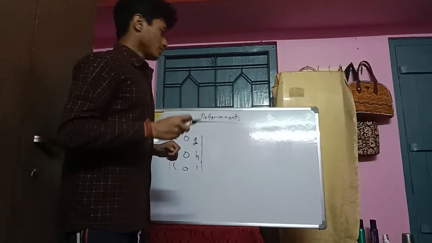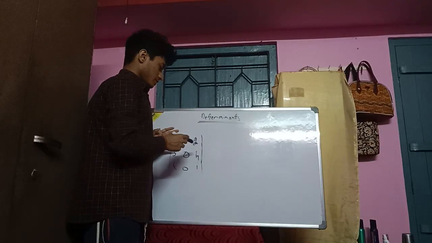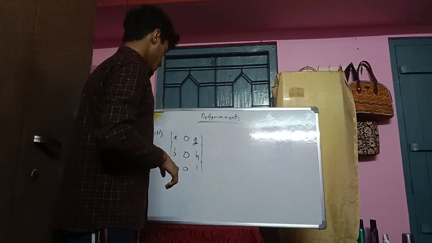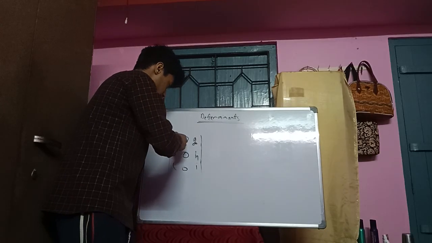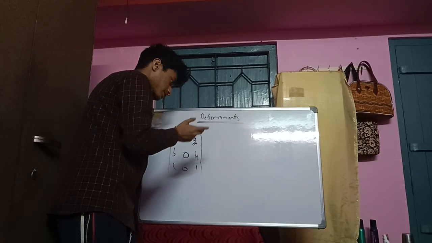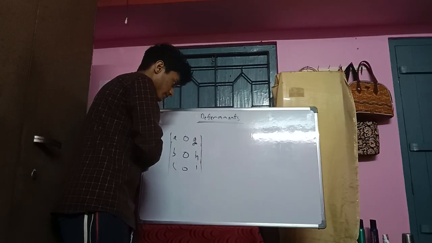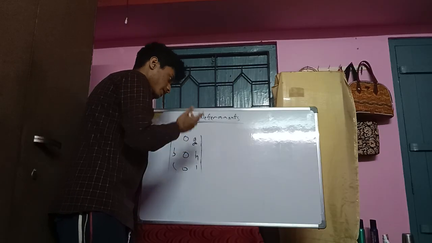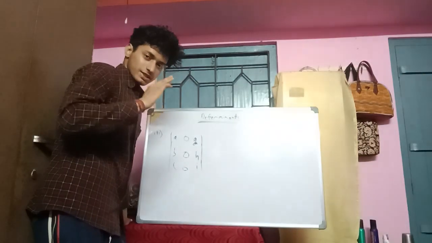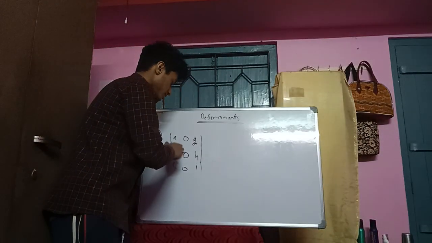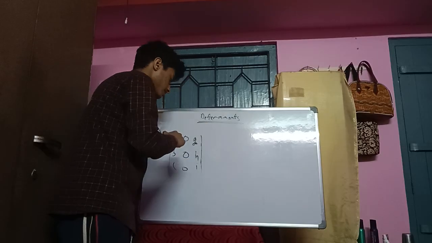So let's say you got a third order determinant, you will try to rearrange the rows in such a way that you get to a point where every element, or if not every, at least the majority of the elements, are zeros. And if you get to do that, then the determinant is going to become much less complicated, because then you can evaluate that determinant from the perspective of that row or that column.